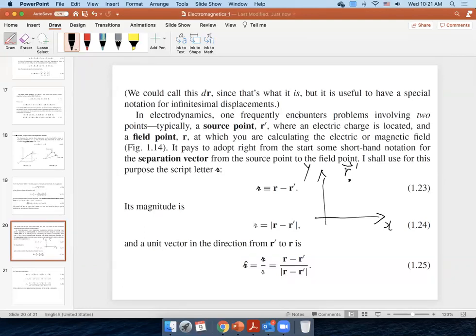And sometimes you want to calculate the field at another position. Let's say this is r. Then you want to calculate the field generated by this charge here. So quite frequently, we involve 2 points in electrodynamics, which are the charge position and the field position.